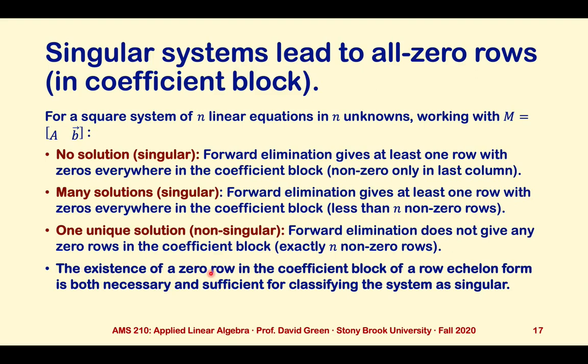The existence of a 0 row in the coefficient block of a row echelon form is both necessary and sufficient for classifying a system as singular. We can identify a coefficient matrix A as being singular by applying Gaussian elimination and seeing that we get a 0 row in that block.